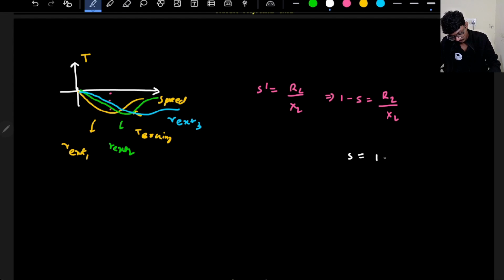Slip is basically 1 minus R2 plus R external divided by X2, where R external 3 is greater than R external 2, which is greater than R external 1.